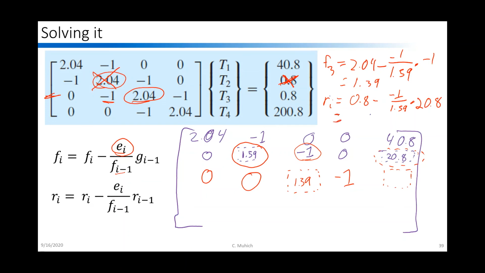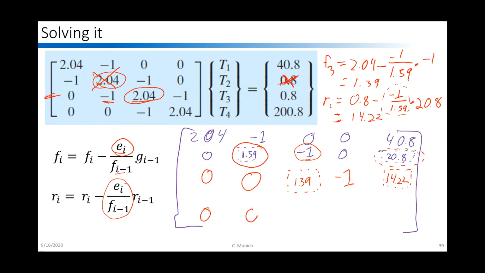Because we still keep E i and F i minus 1, so that's these two numbers, and then R i minus 1, that's that 20.8. When I punch all those numbers in, we end up with 14.22. That ends up going in that space, and we're ready for the next line.